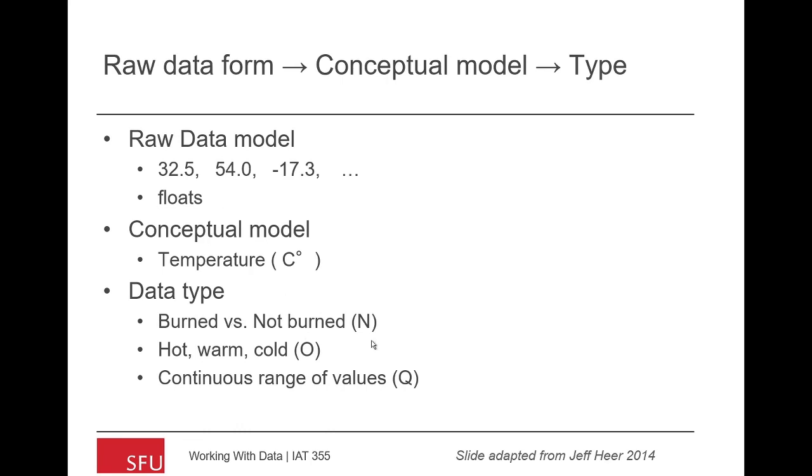One type is nominal, which is kind of silly, but is burned versus not burned. Let's say you're talking about the kindling point of paper or something. Everything below some limit is not burned, and above that limit, above 451 degrees Fahrenheit, whatever that is in Celsius, that is burned.